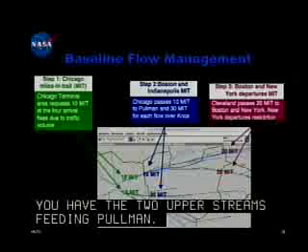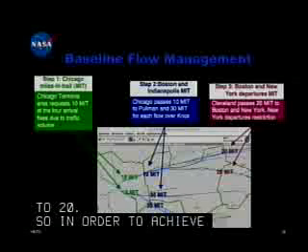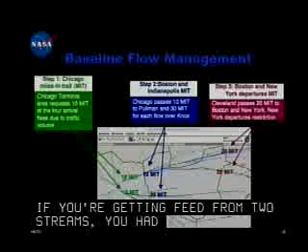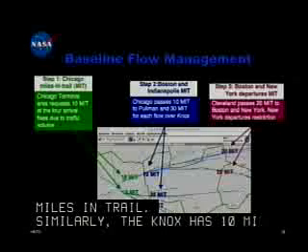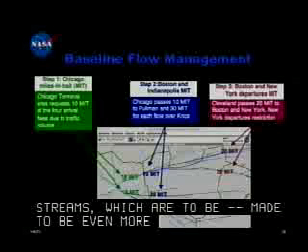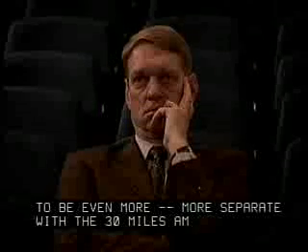So in order to achieve 10 miles in trail, if you're getting feed from two streams, you have to make them 20 miles in trail. Similarly, the lower Knox fix has 10 miles in trail and has three feeder streams, which have to be made even more separated, with 30 miles in trail. And now let me give you what this and how much delay this results in. Next view graph, please.